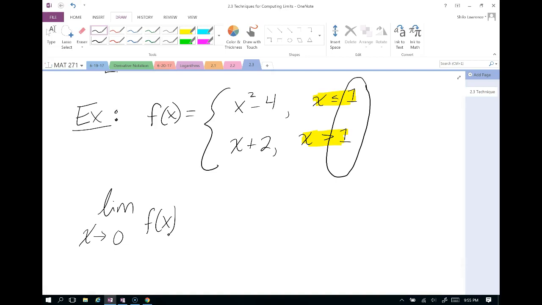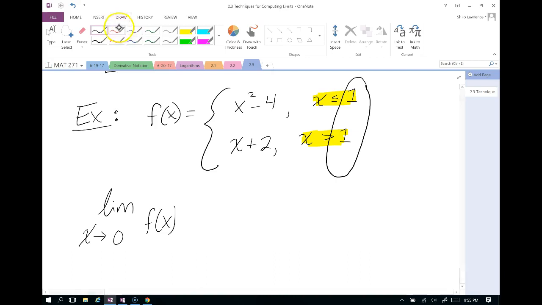It needs to be pretty close. So in the neighborhood of 0, we need to know what's going on with this function. A limit doesn't always look at what's happening exactly at 0, but it's wondering what's going on with the y values near x equals 0.